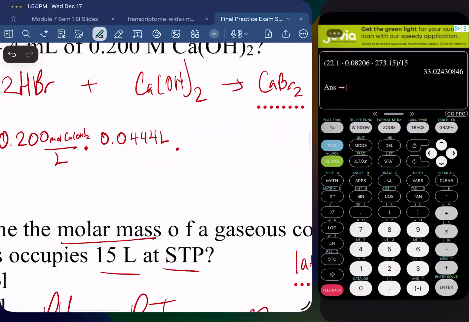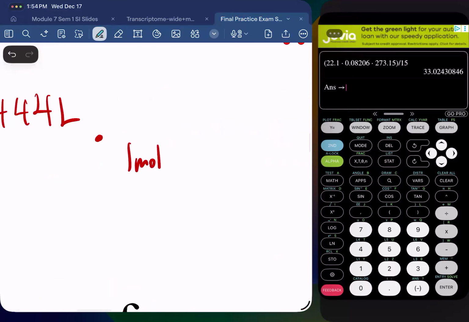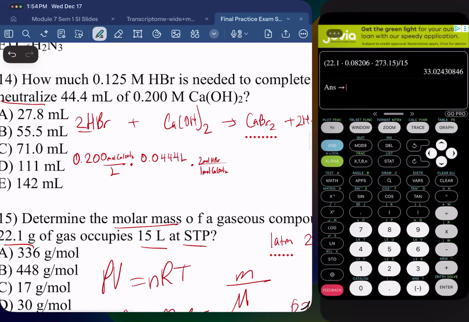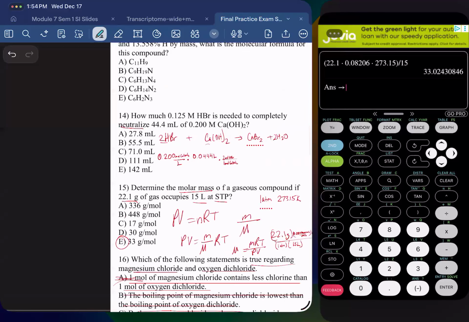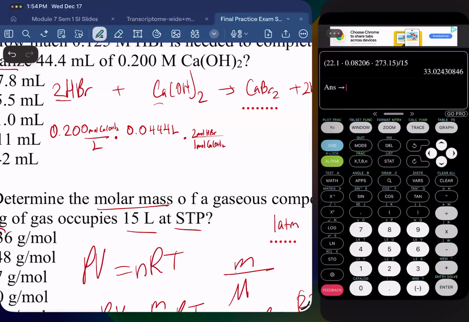Now for every 1 mole of calcium hydroxide, we have 2 moles of HBr used. You see that from the reaction stoichiometry. So that cancels out, and what we have left over is moles of HBr.